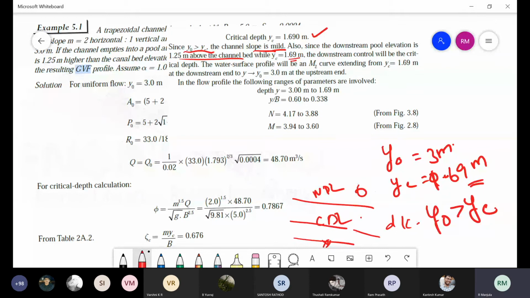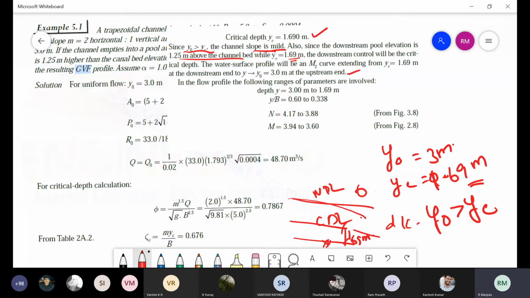Hence the downstream control will be the critical depth. So how will the water surface profile be? It will be an M2 curve extending from yc of 1.69 meter at the downstream end to y tends to y0, which is 3 meter, at the upstream end.